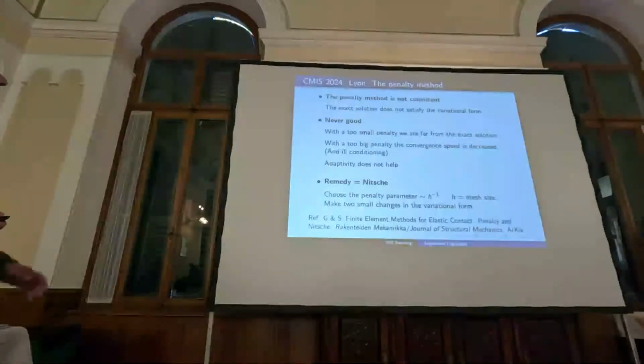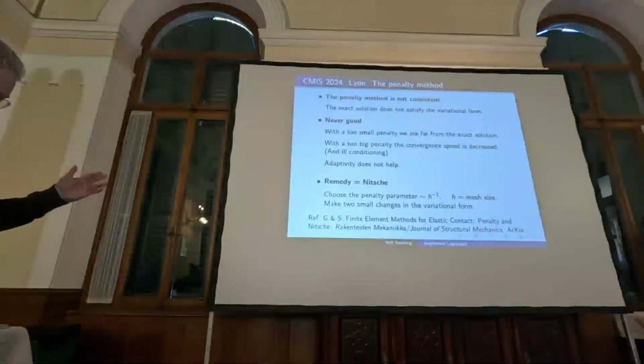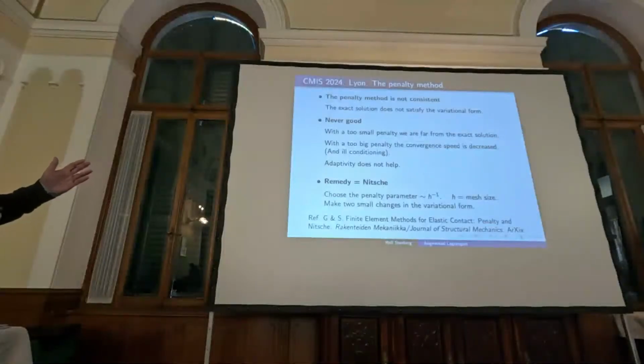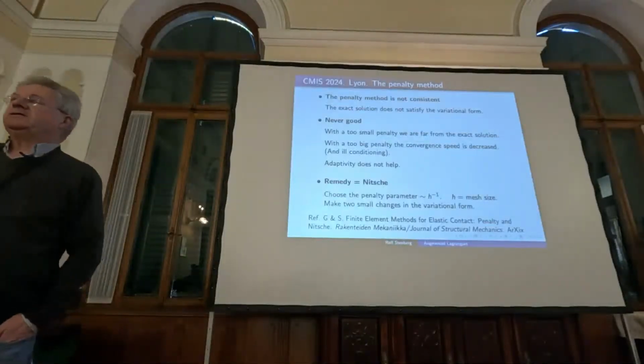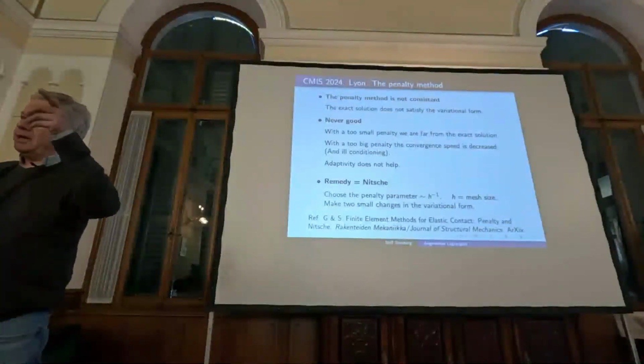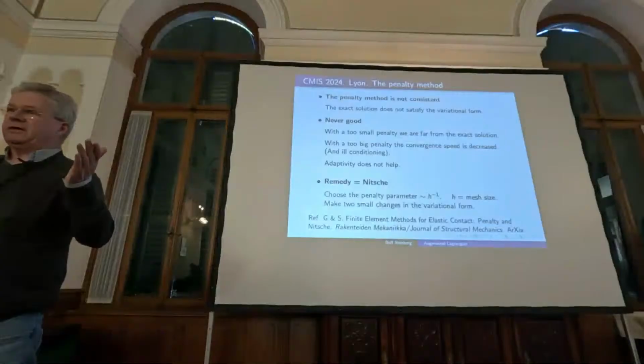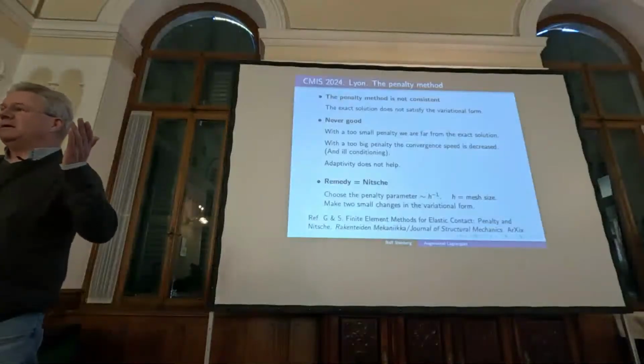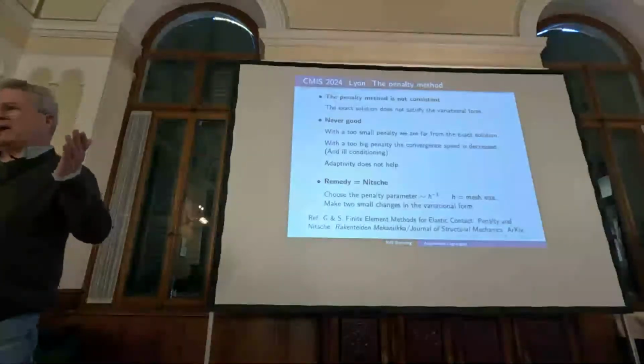And then I gave a talk two years ago and looked at the penalty method. And the message was that the penalty method is not consistent. So if you take the variational form and plug in the exact solution, it's not satisfied. So you are bound to have some problems.